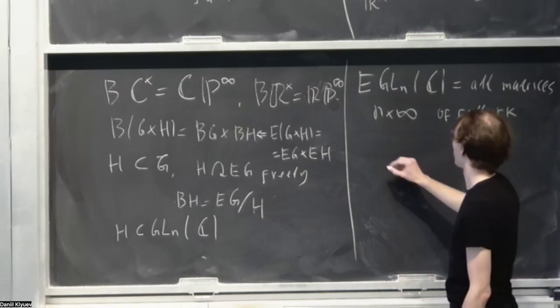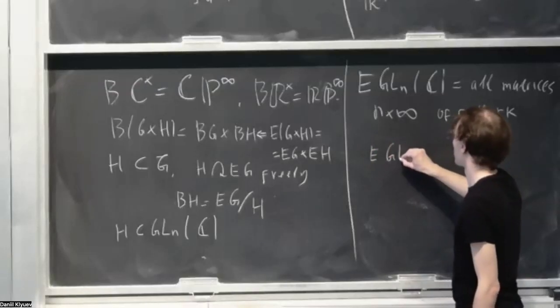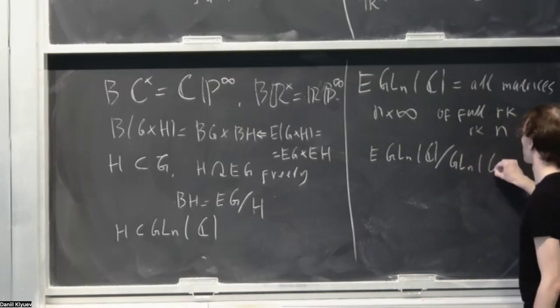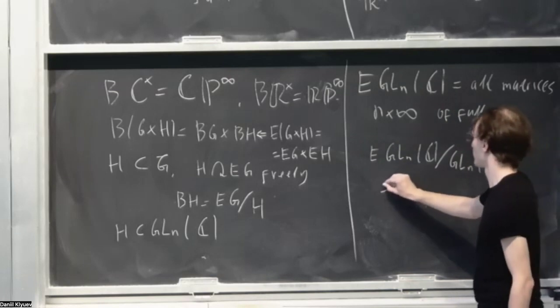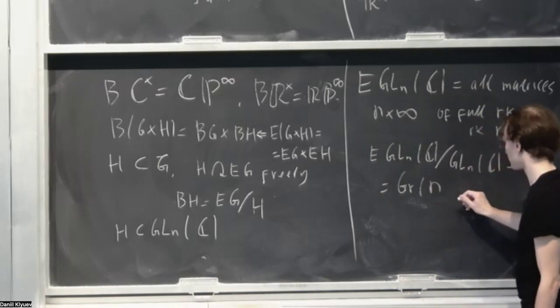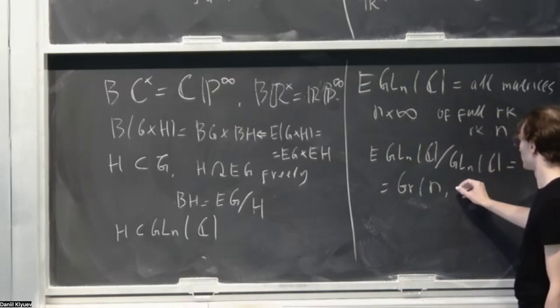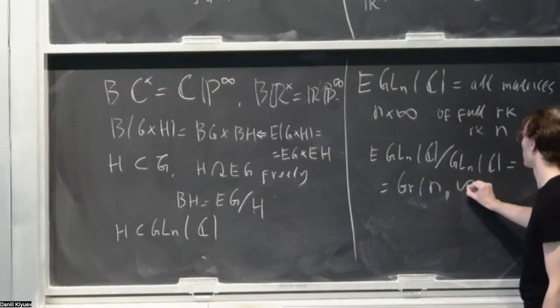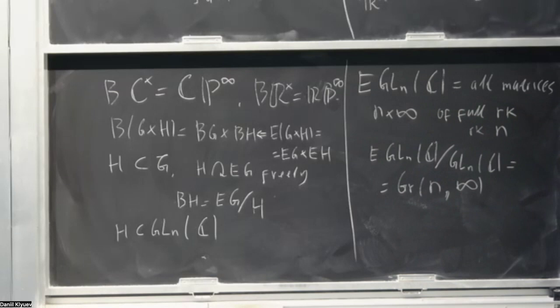And naturally, if you quotient this by the group, you obtain the Grassmannian of n-planes in C^∞. Any questions?